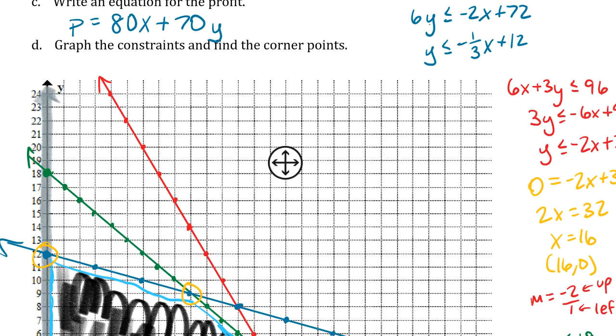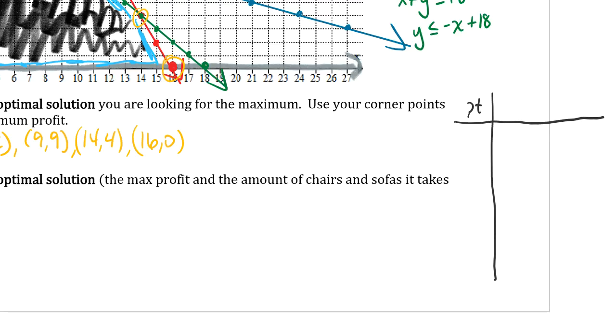So it's the 80x plus 70y. Alright, so if I put all my points down here, we're just going to plug them into the 80x plus 70y. That's going to get us our profit.